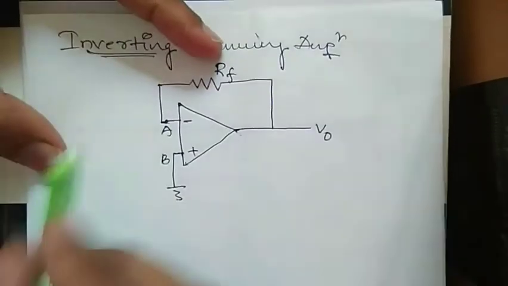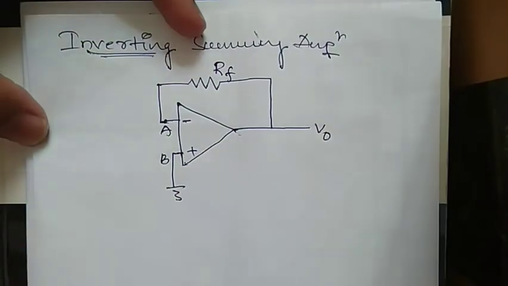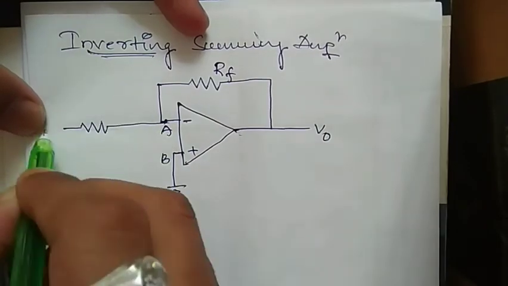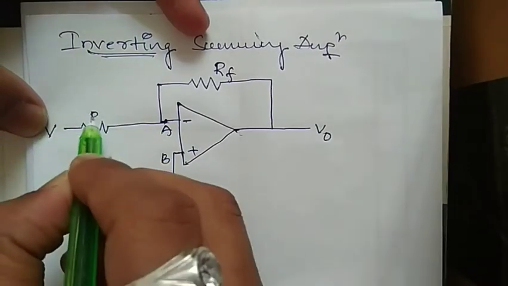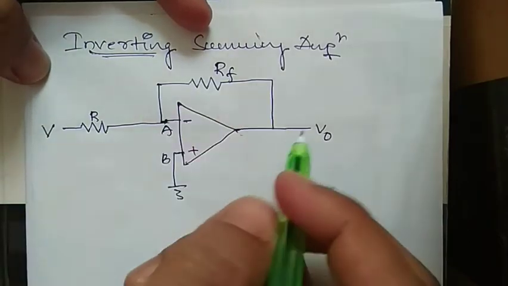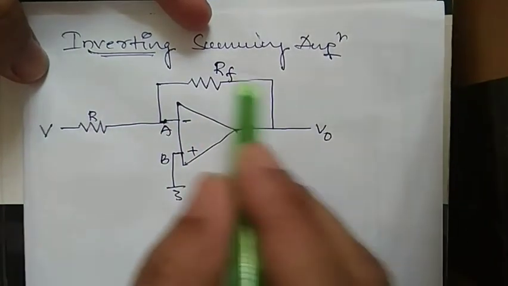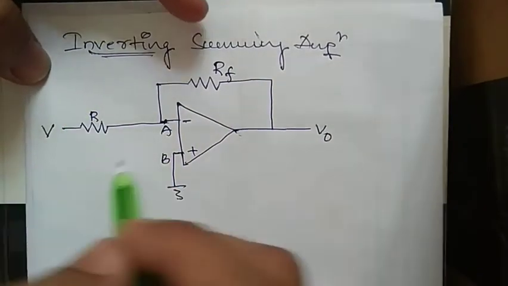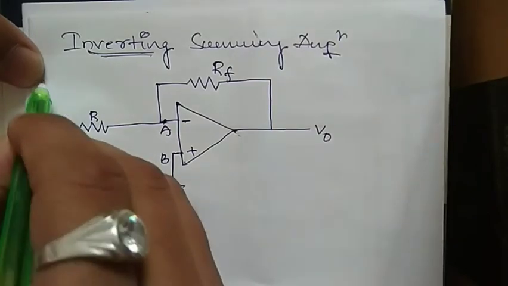Now input is supplied to the inverting terminal. So we have one resistor, that is V applied through the resistor R to the inverting input terminal. It becomes your normal inverting amplifier. Simply you have to add another 2, 3 or so on voltages at the input.